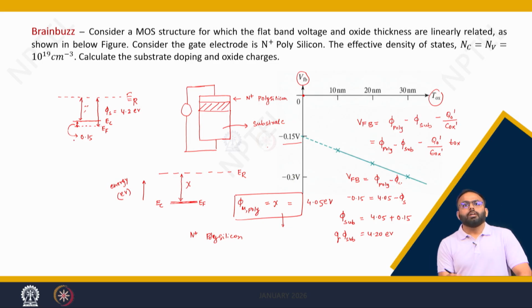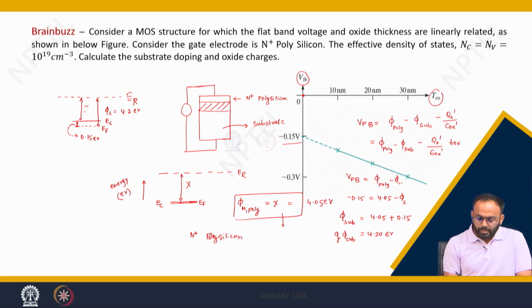Now, if we have the difference between the conduction band and the Fermi level, then by using basic equations we can calculate the doping of the body. We can get N D, because it shows the electron concentration in the N type semiconductor, since the Fermi level is close to the conduction band. So, it can be written as Nc exponential of Ec minus Ef divided by Kt.